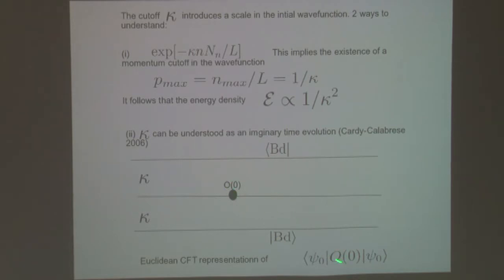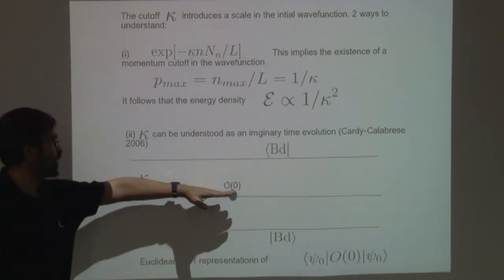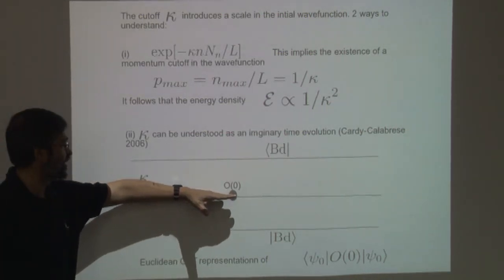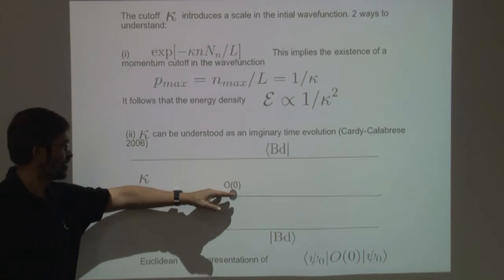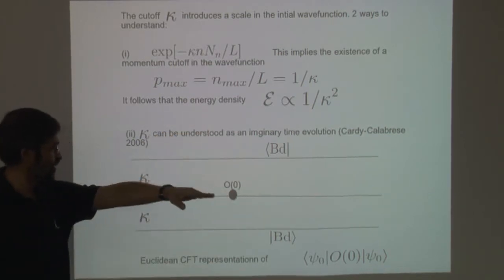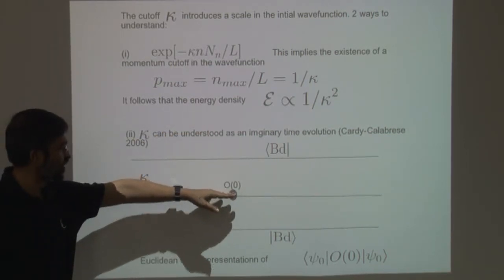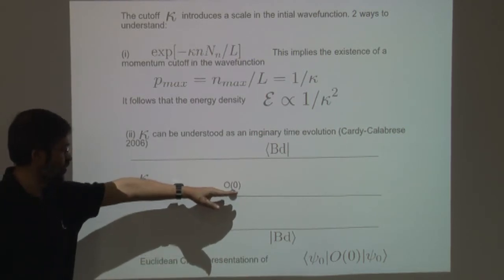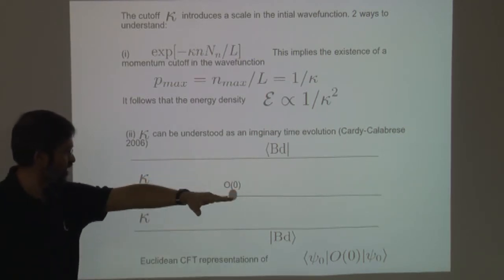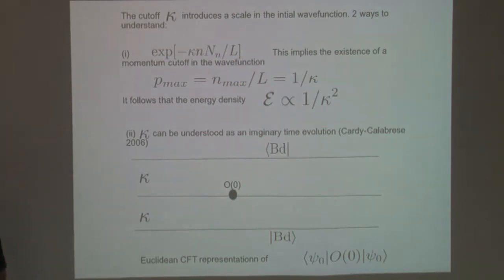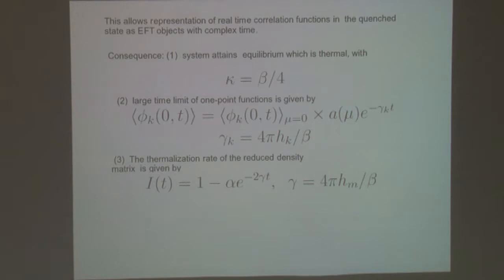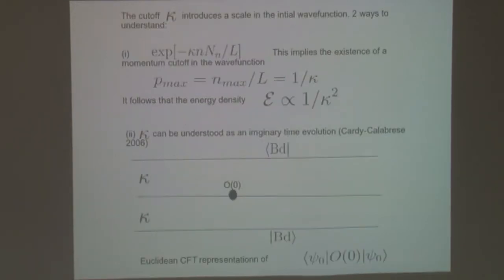This is space, and I also put the operator at 0 at time t equal to 0. But you can allow for a complex time in which this is the imaginary time, and the real time is in some other direction. Using these analytic continuation tricks, you can compute time dependent operators that way.